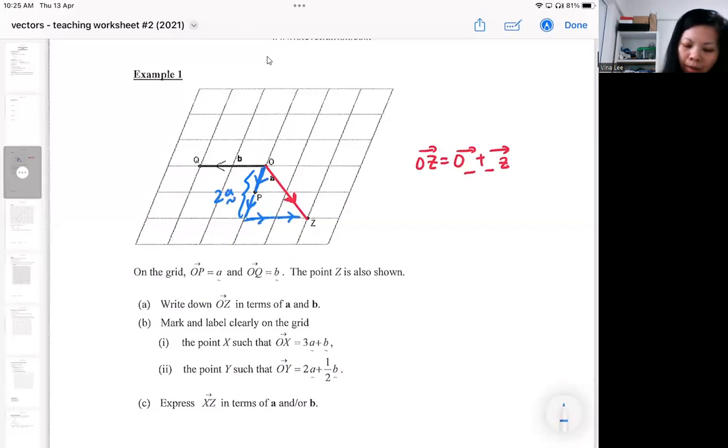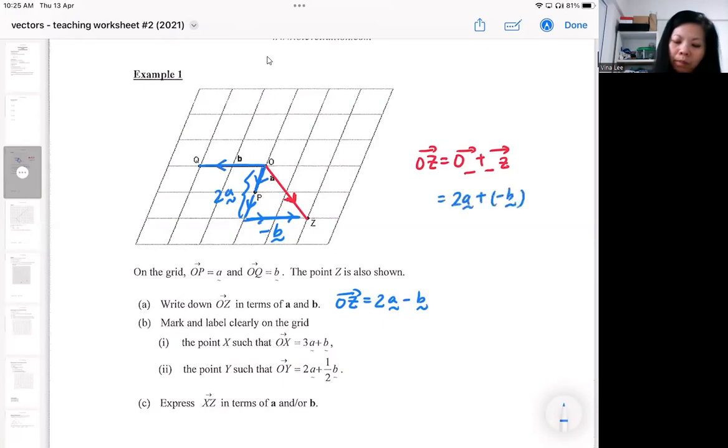And what about this part? This part is the opposite direction of B, so this one is a -B. So my OZ is actually 2A minus B. That means this part is essentially 2A plus (-B), so this plus this.